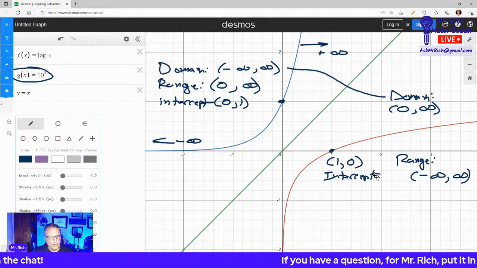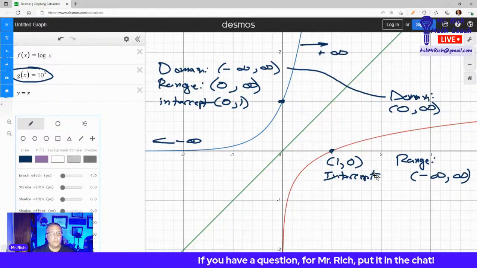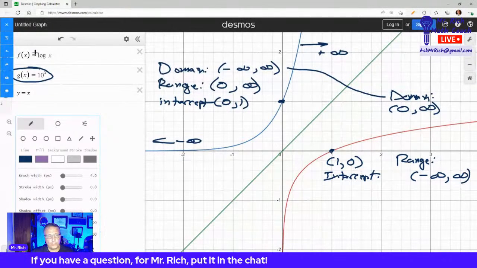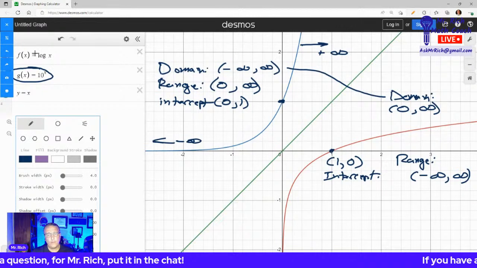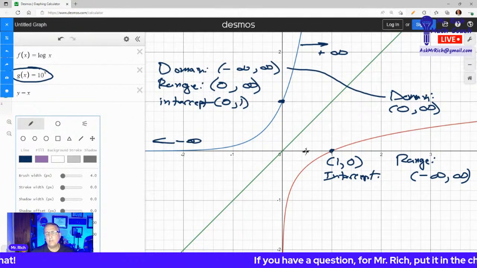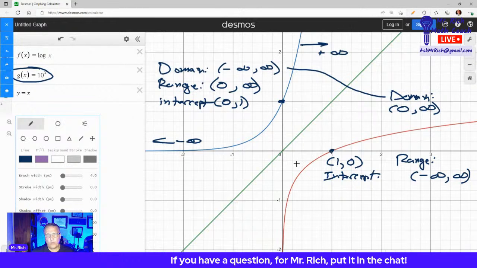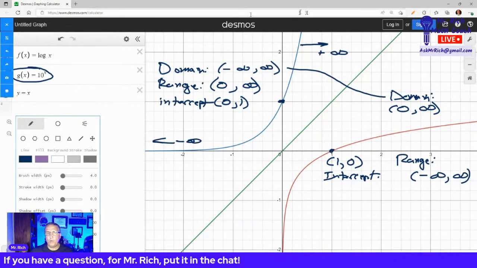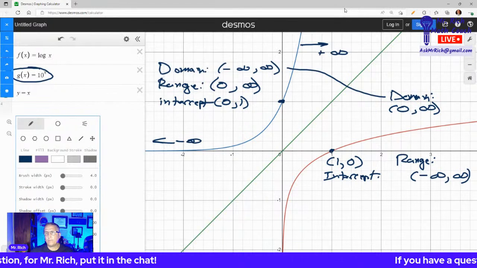I want to remind you about transforming functions, right? We can transform any of these functions by doing vertical shifts, horizontal shifts. We can reflect across the x or the y axis. And so you need to be aware of that. For example, let's fool around a little bit with these functions.